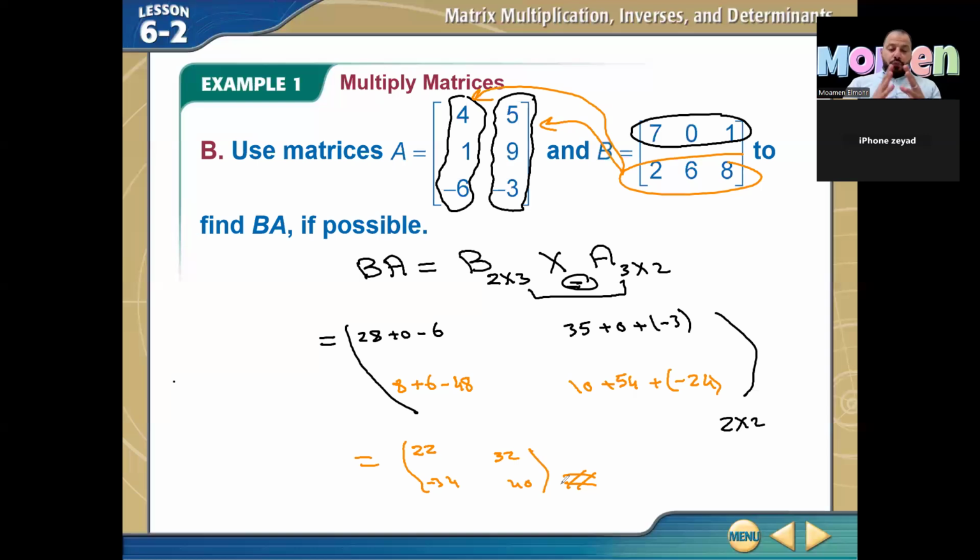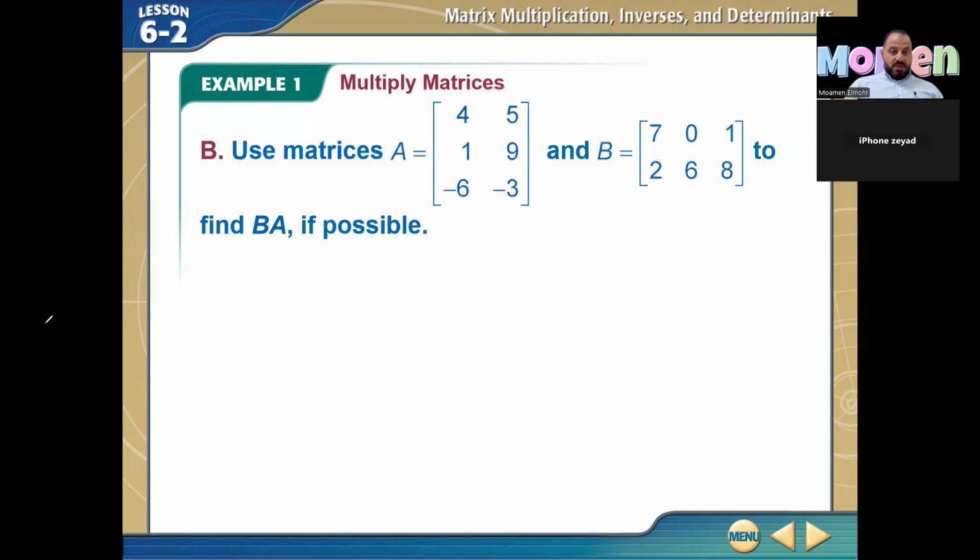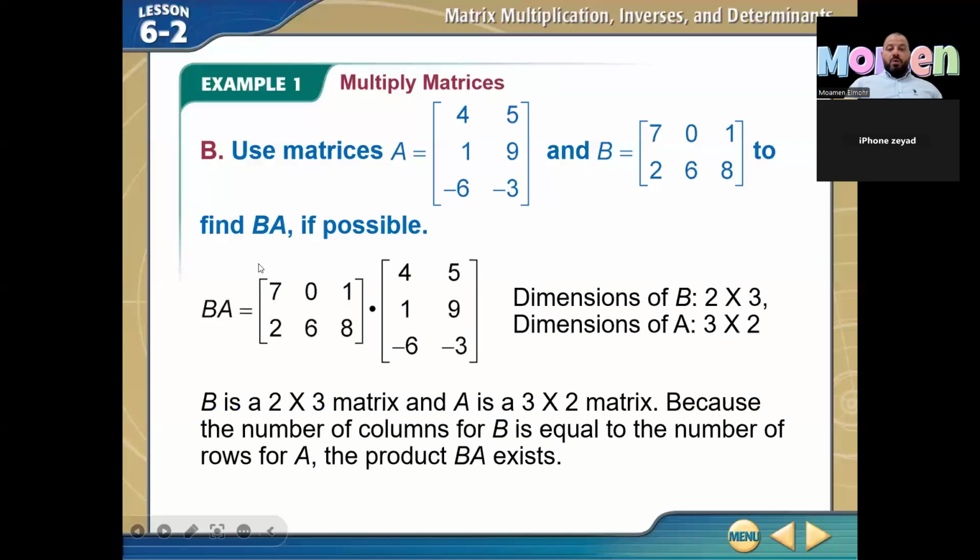Of course, they are not equal. So I can deduce that the multiplication operation of matrices is not commutative. The commutative property is not satisfied. It means A times B is not equal to B times A. Okay, we're going to complete.